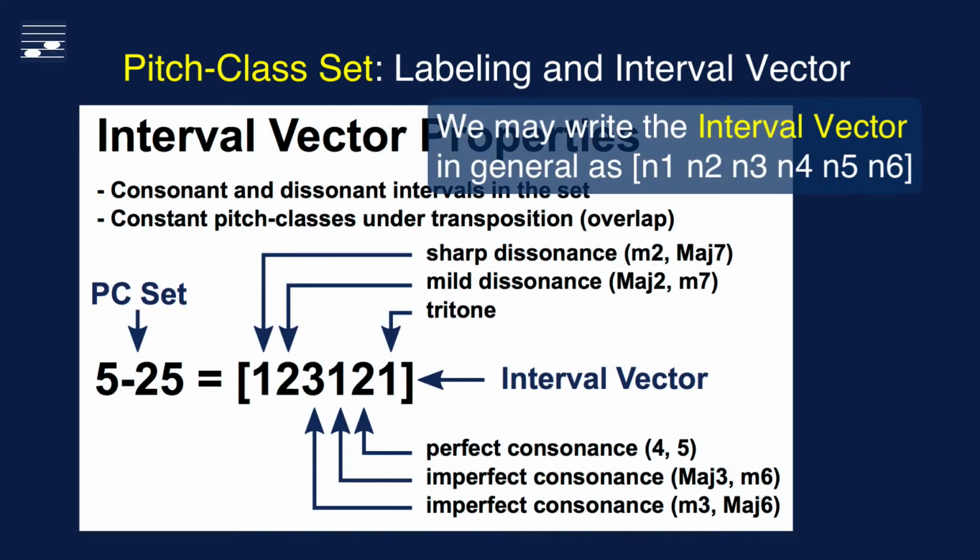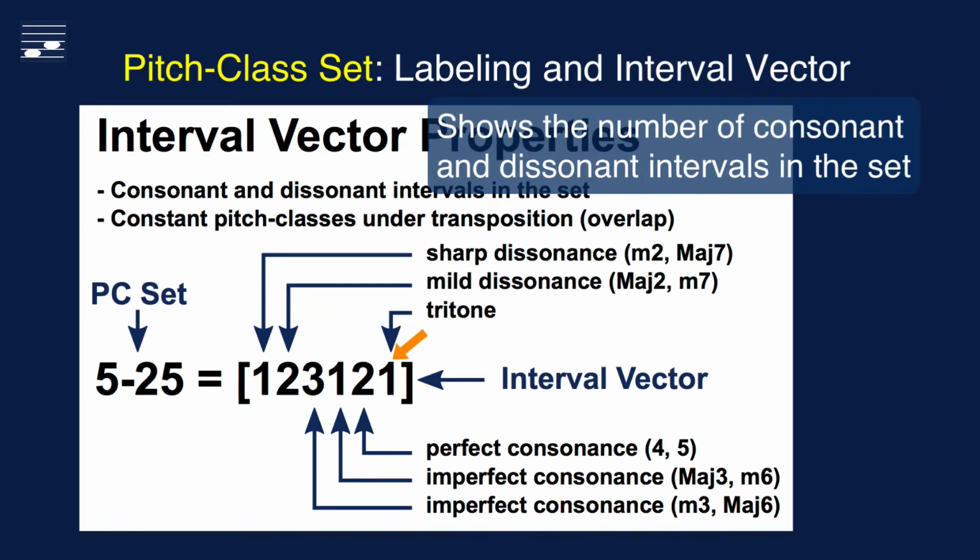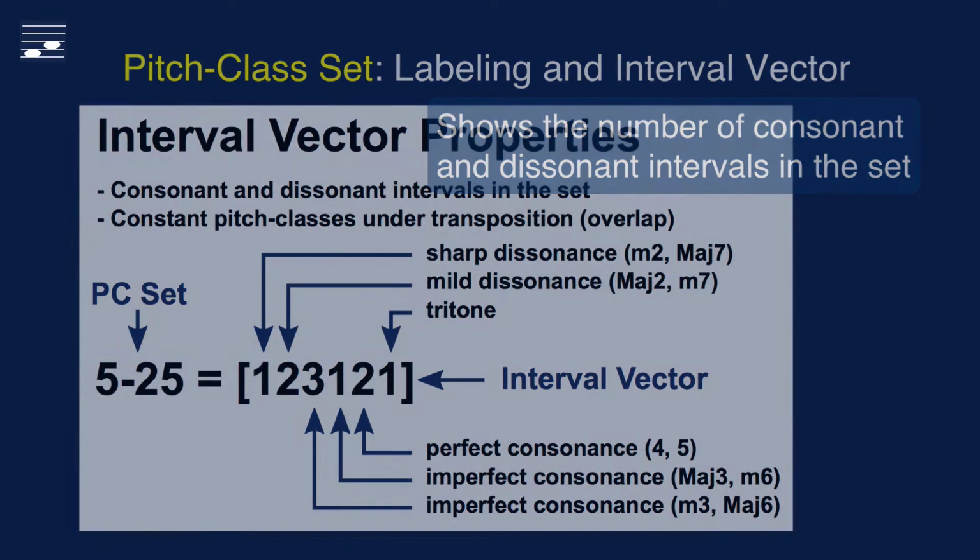The interval vector shows the number of consonant and dissonant intervals in the set, from the 6-semitone tritone interval in N6 to the semitone interval N1 on the left. I've demonstrated PC set properties and atonal composition techniques in various other episodes on this channel. We aim for controlled use of these PC set structures without using a fully atonal musical idiom.